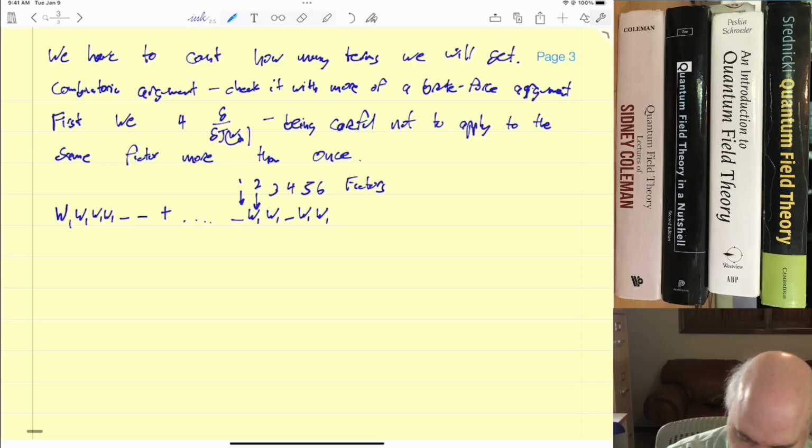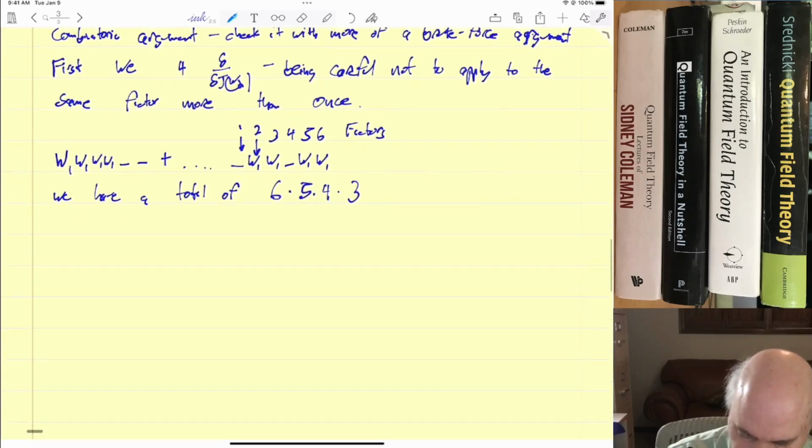So just with this, we have a total, it's very easy to see, 6 times 5 times 4 times 3. To understand what's going on, remember when we apply the first derivative, we're going to get W1 plus, so we're going to get 6 terms.